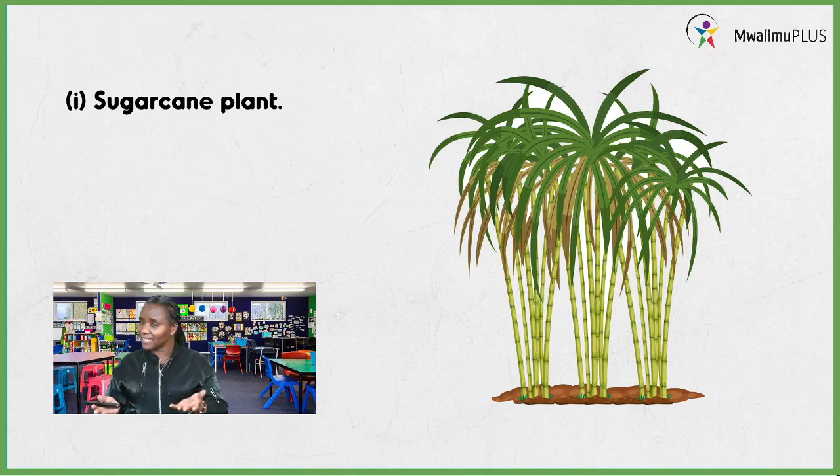If you have never seen a sugarcane plant, before you are given the pieces that you normally eat, that is how it grows. Look at it. Are we together? How many have ever seen the sugarcane plant? Good. That is the sugarcane plant.